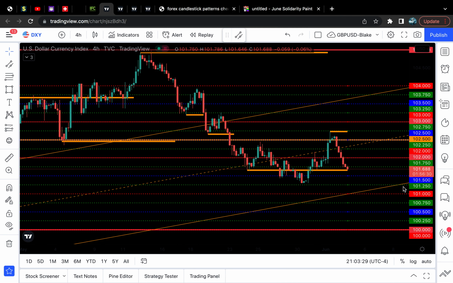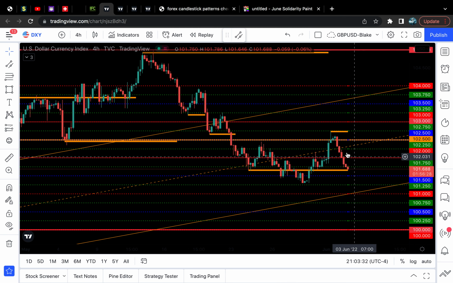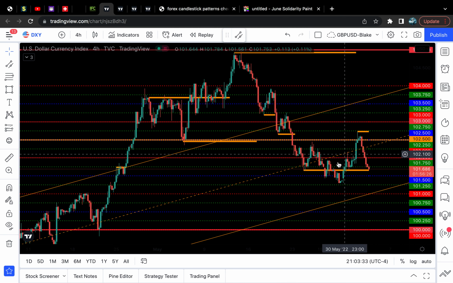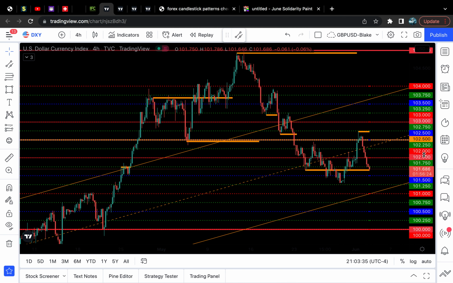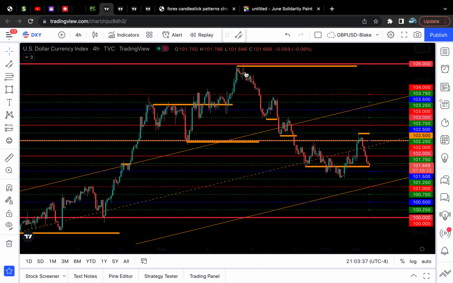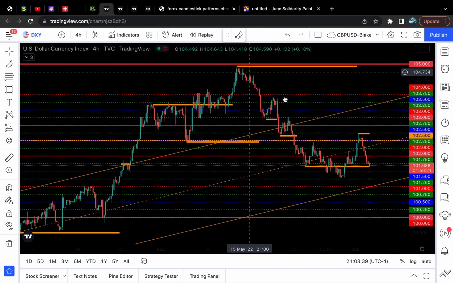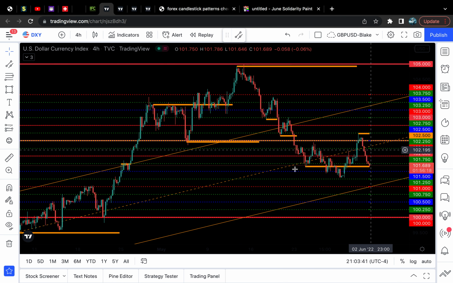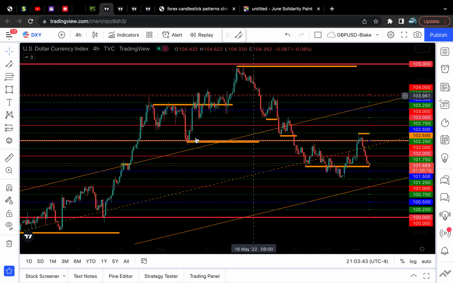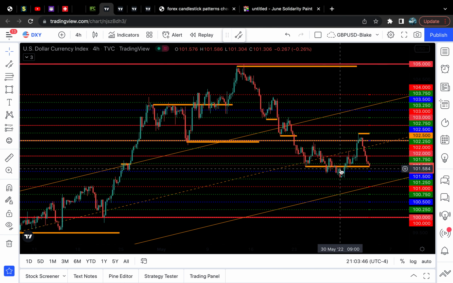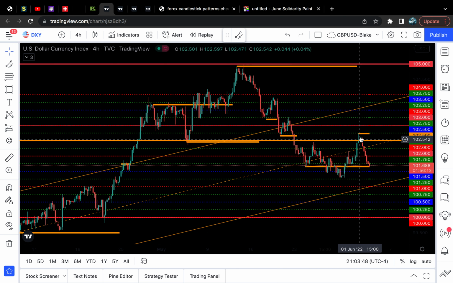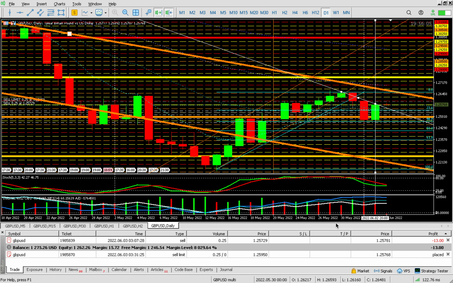So we do have a bearish structure here. We've got lower lows, lower highs. So it is kind of looking good that we might well do like I said and then go up.